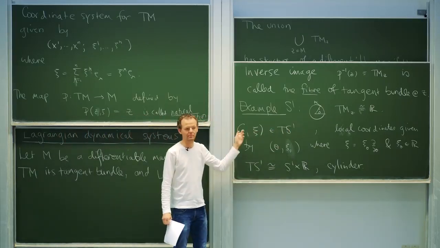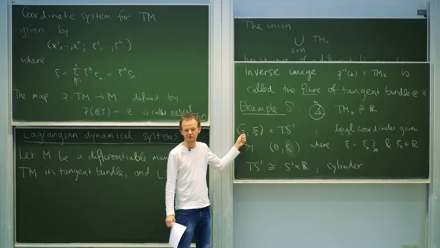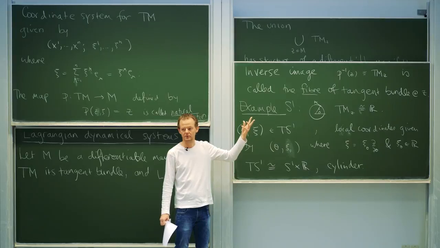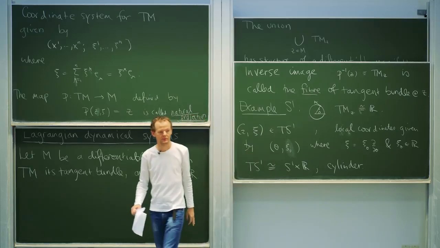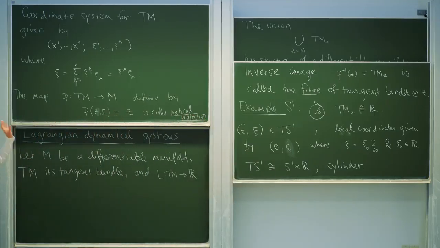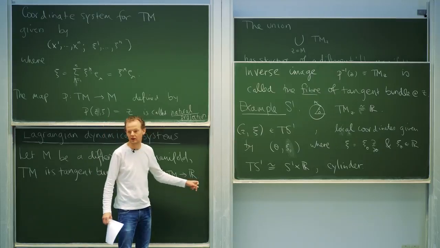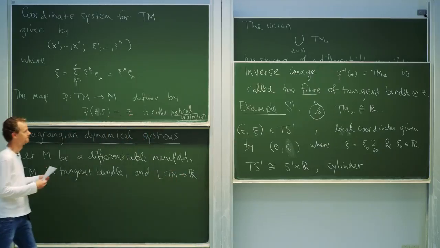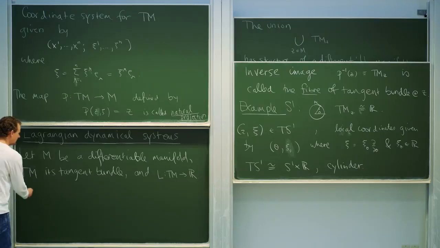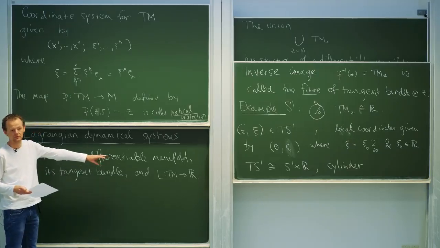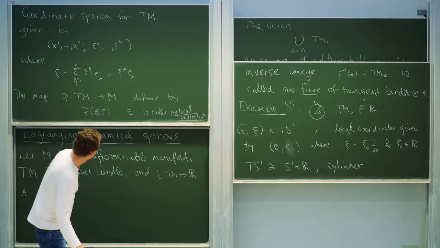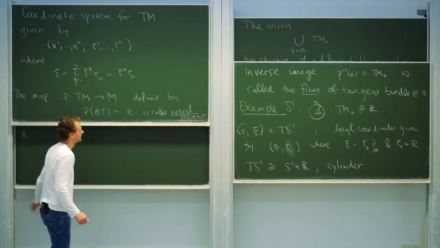Well, points in this tangent bundle are pairs of positions and tangent vectors, which, according to the idea of the definition of a tangent vector as a directional derivative, are like velocity vectors. So a simple ordinary function from the manifold TM to R is a Lagrangian. We're going to also talk about the solution to a Lagrangian dynamical system, a trajectory.